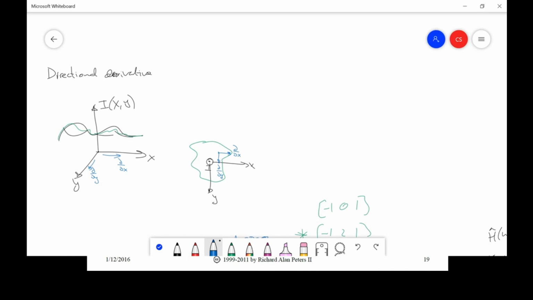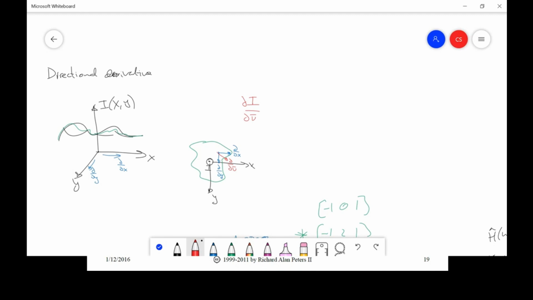So let's compute the derivative in this other direction. And there is a property. Now it is the directional derivative with respect to the direction u. Okay. So we can compute the derivative of I with respect to the direction u.